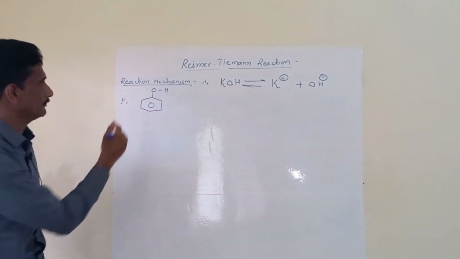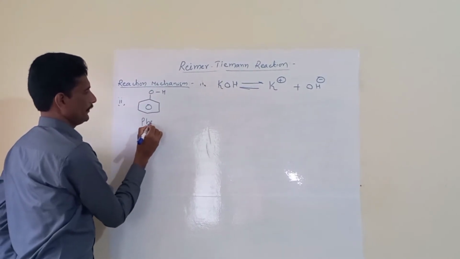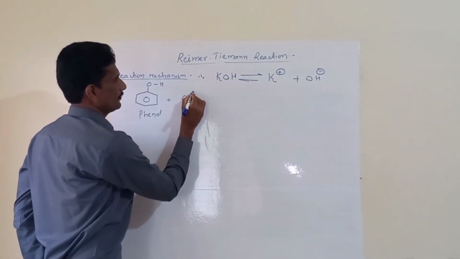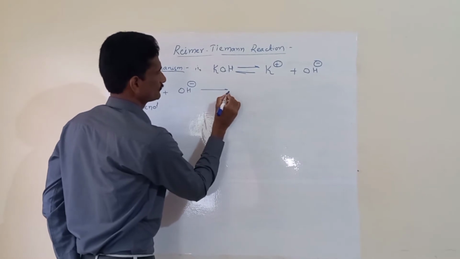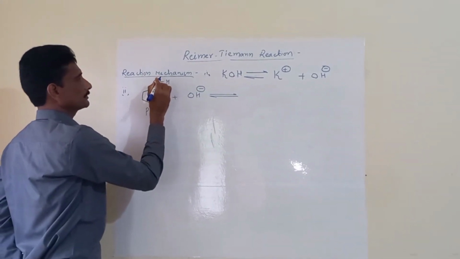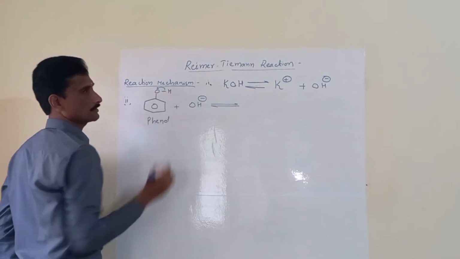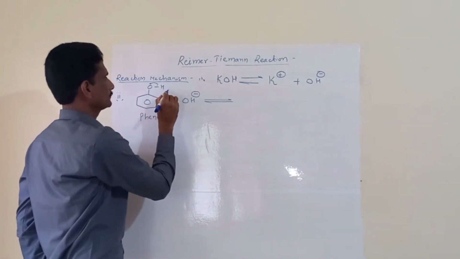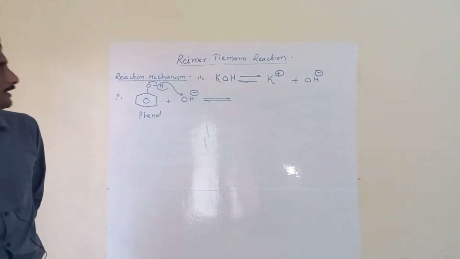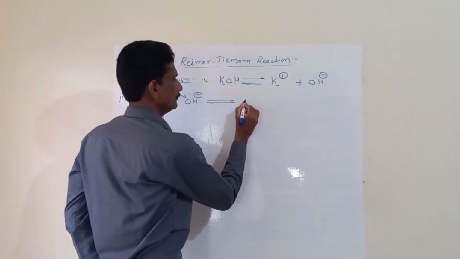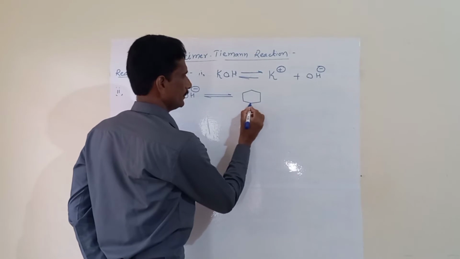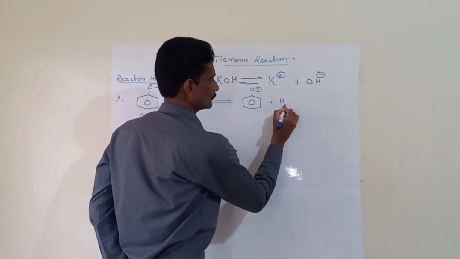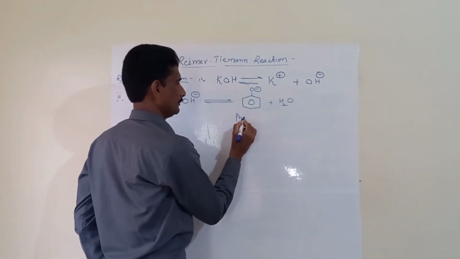For our convenience, we write it like this: OH, phenol, OH minus. The sigma bonded electrons shift towards the oxygen. The oxygen gets a negative charge. H plus is formed. This H plus reacts with OH minus and is converted into water, and phenol is converted into phenoxide ion, O minus plus H2O. This is the phenoxide ion.